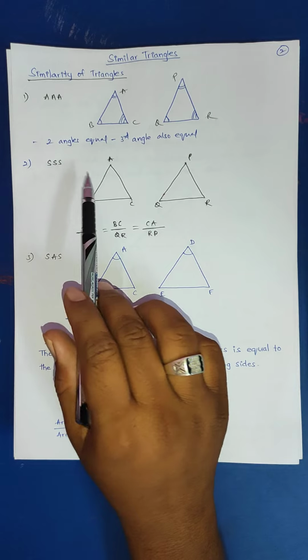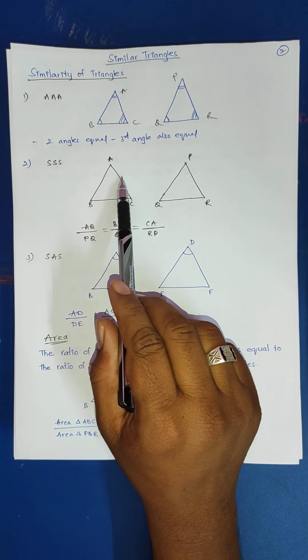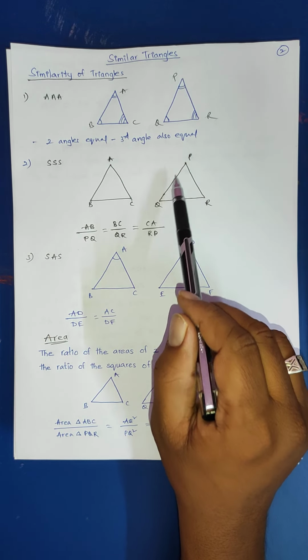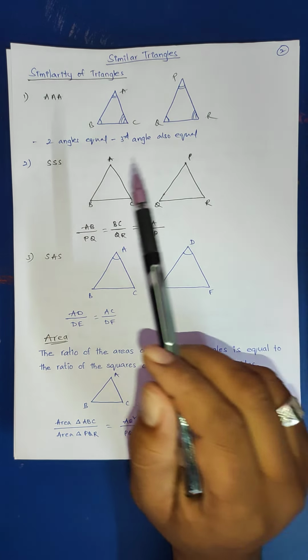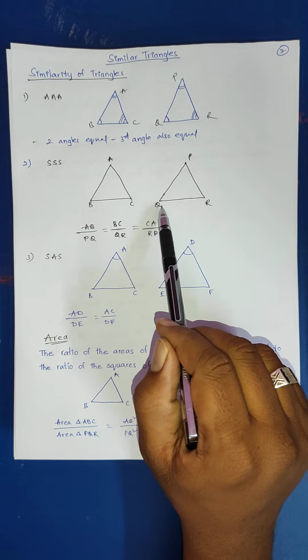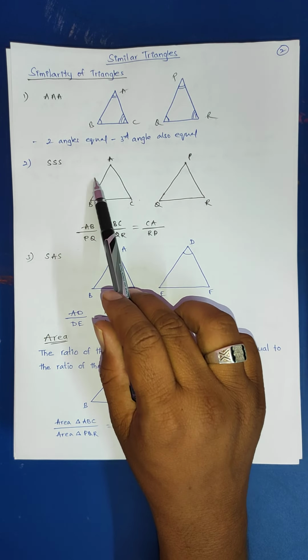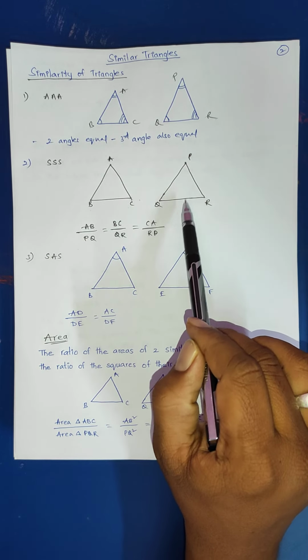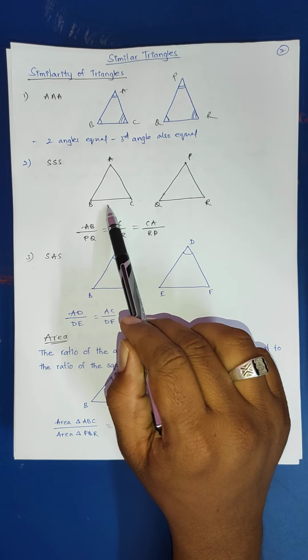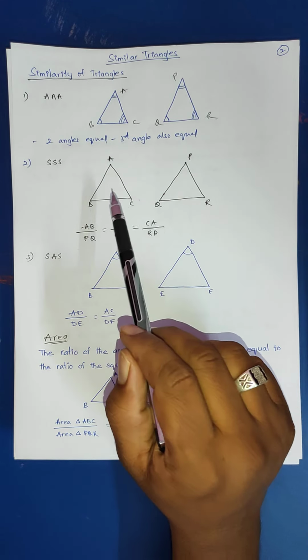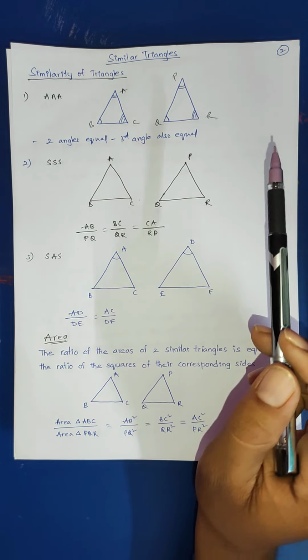Now SSS criterion. In the first triangle, AB is 4 centimeter, then PQ also 4 centimeter, BC 5, QR 5, AC 6, PR 6. If all sides are the same, these two are congruent to each other.